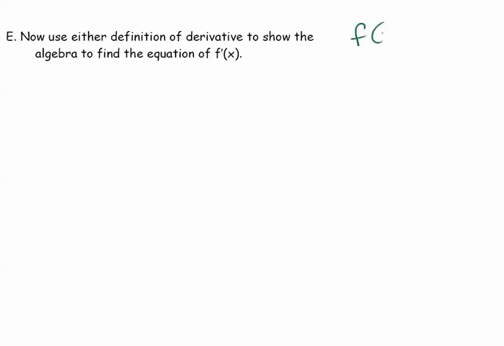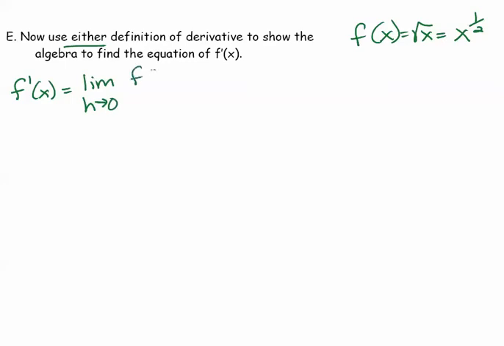So we're starting with f of x is the square root of x, and you may or may not prefer using the rational exponent or the radical. I'm going to prefer the radical, but either way should work. You only have to pick one of your two definitions. So let's say f prime of x is equal to the limit as h goes to 0 of f of x plus h minus f of x, over h.